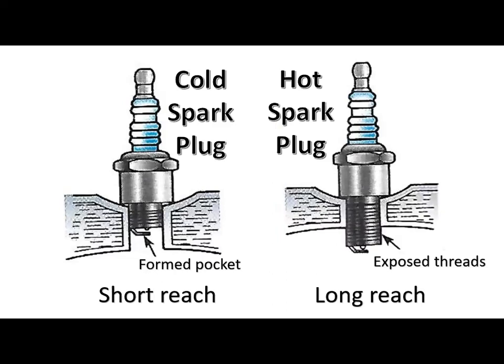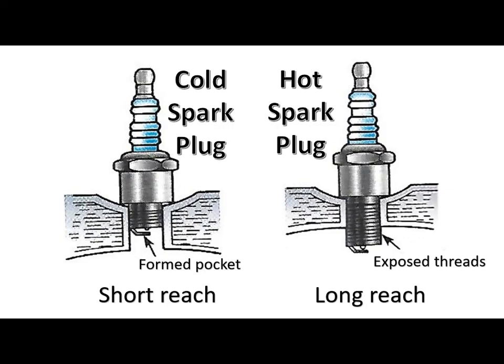The spark plug reach is the length of the threaded area. The spark plug reach usually varies from 3/8 inch to 3/4 inch depending on cylinder head and combustion chamber design. Replacement spark plugs must have the reach specified by the vehicle manufacturer.